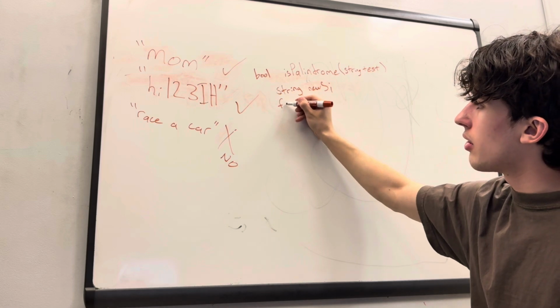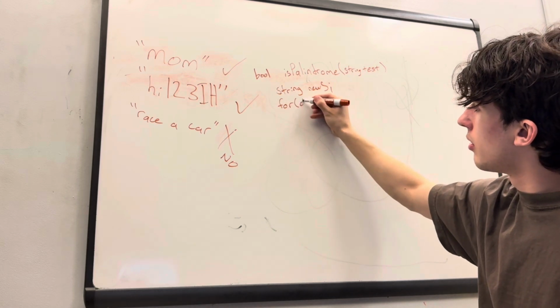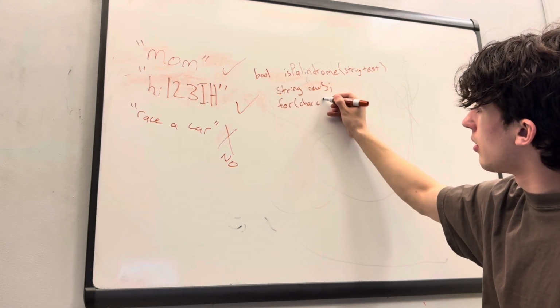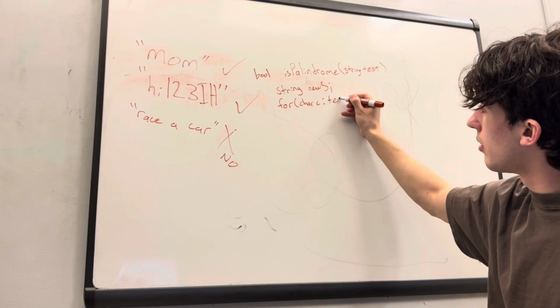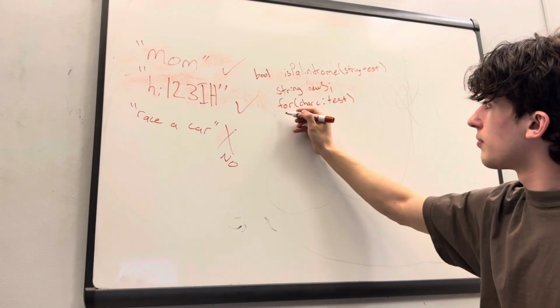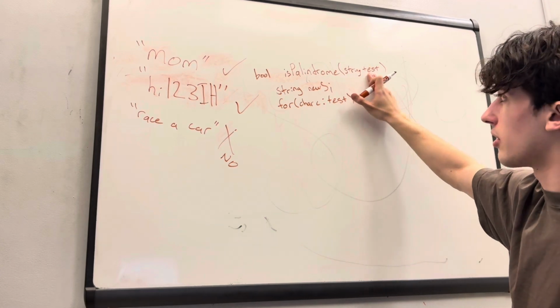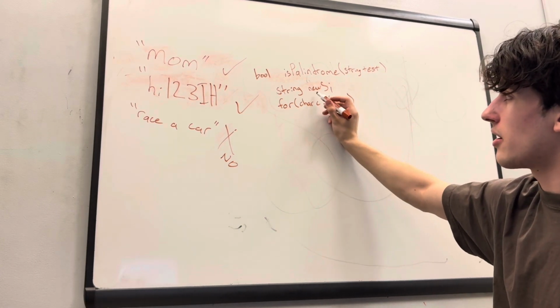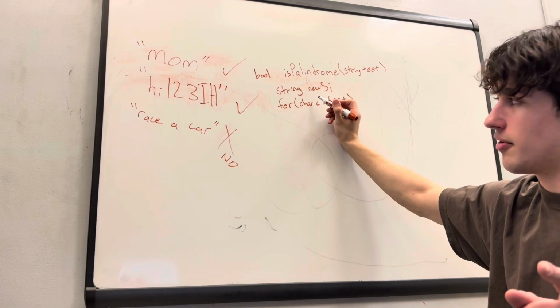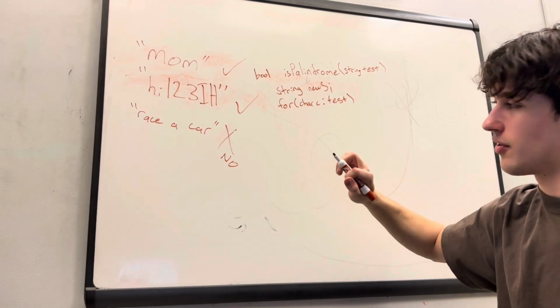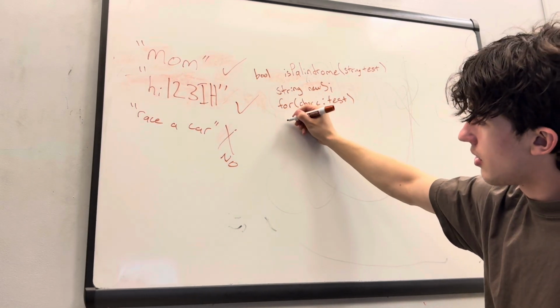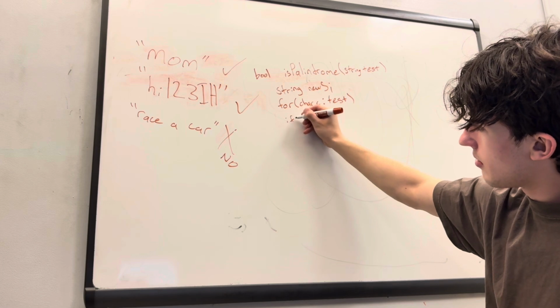And then for each character which is in our original string, we're gonna want to add the character only if it's alphabetical, and we also want to convert it to lowercase.